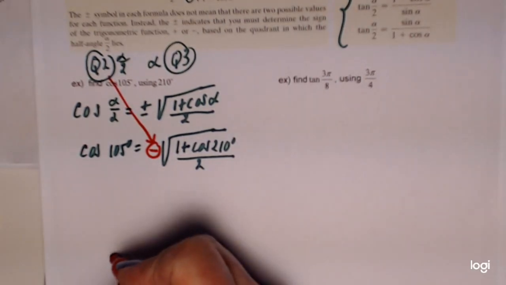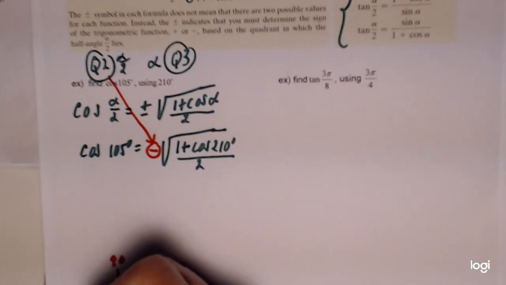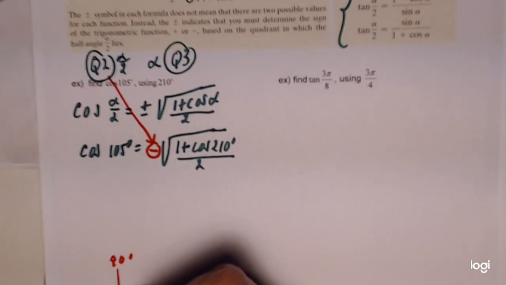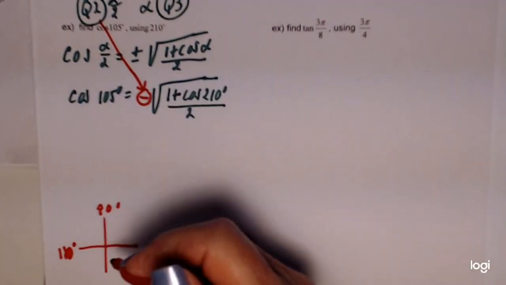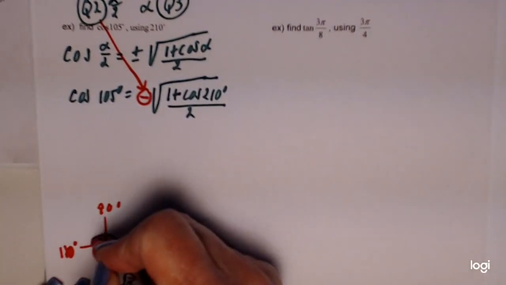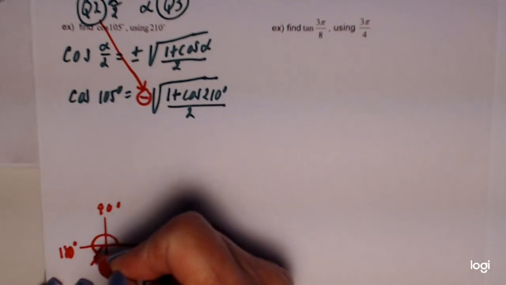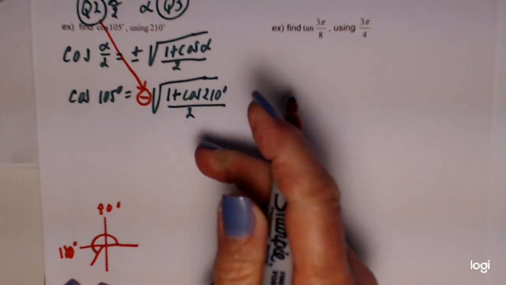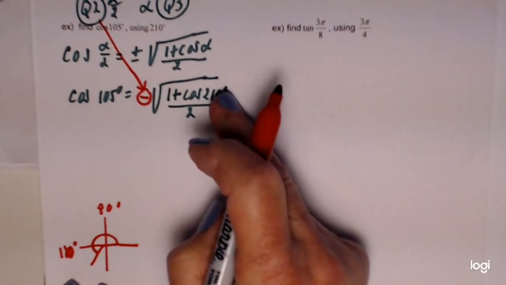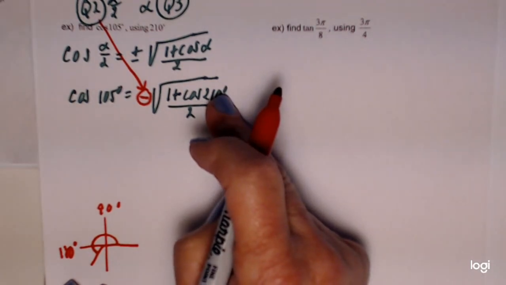So here's our 90, here's our 180 degrees, and so for our 210 degrees, we go here plus 180, and there is our angle alpha here that we're looking at.